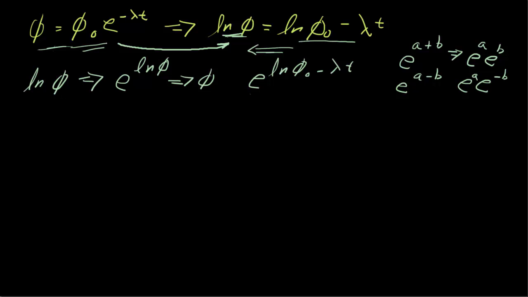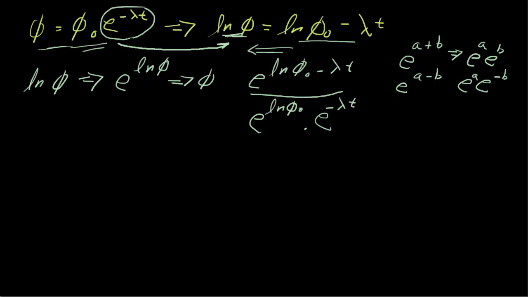So over here in this term, we should think of this as e to the natural log of phi 0 times e to the minus lambda t. And you can see already that we've got this term.